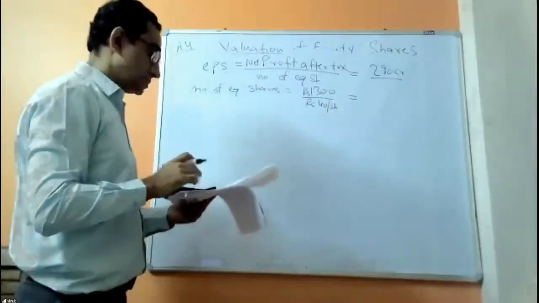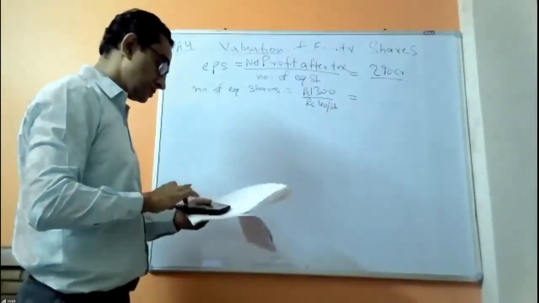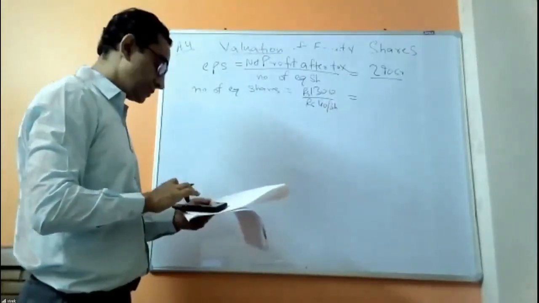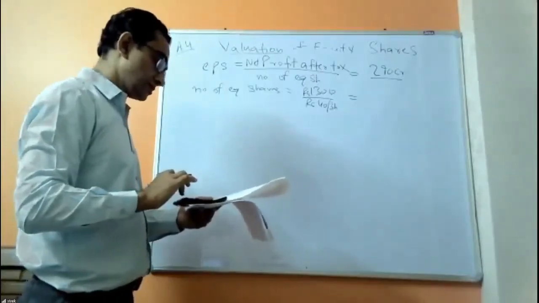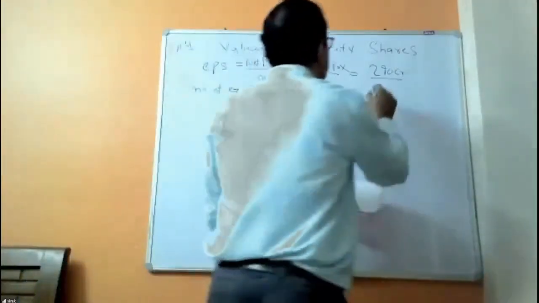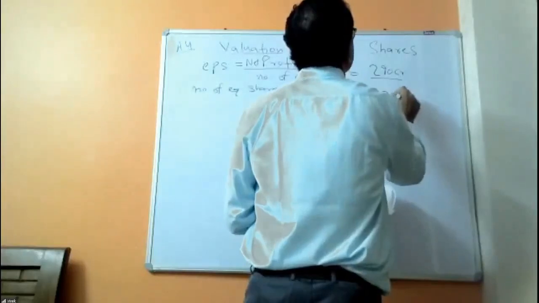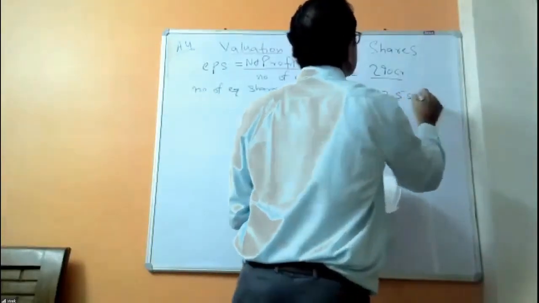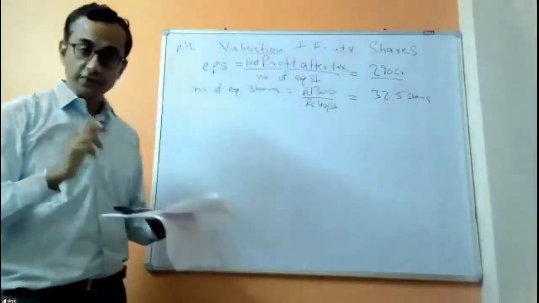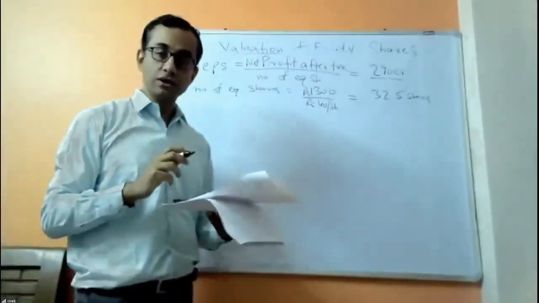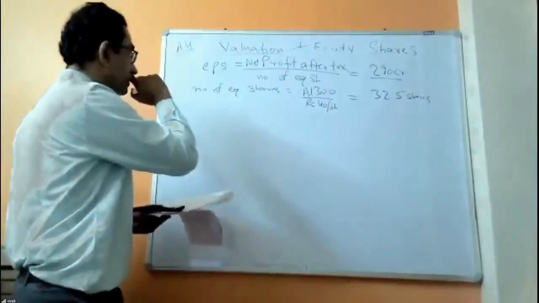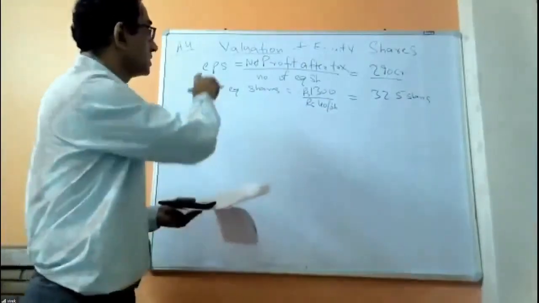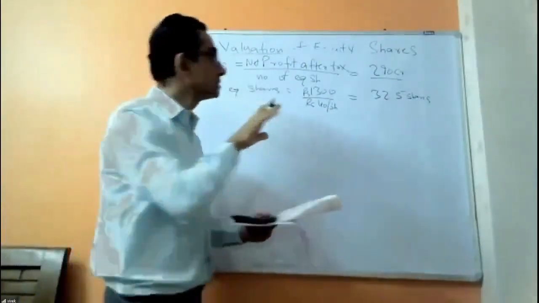So 1,300 divided by 40 is coming to 32.5, or you can say 32,50,000 shares. Okay. Now we can calculate the EPS because we have got the number of shares.